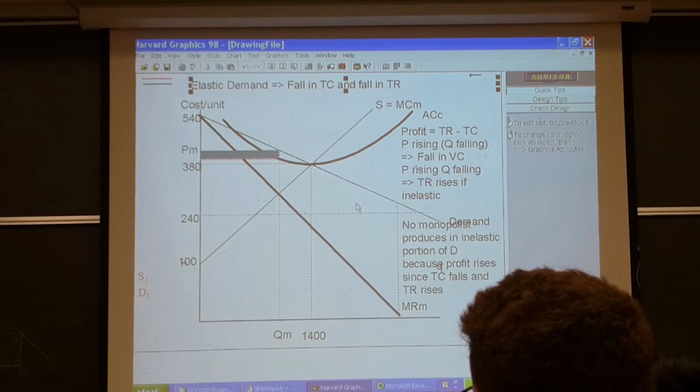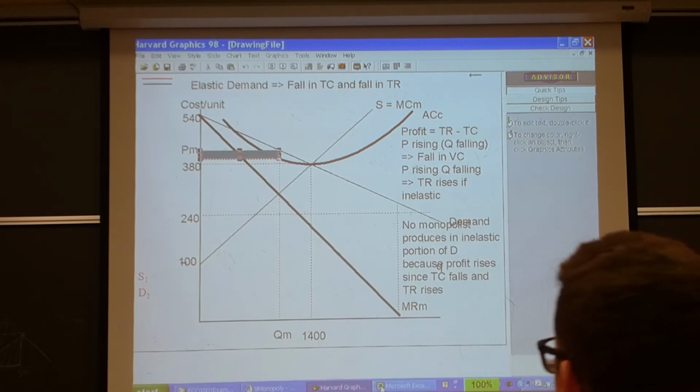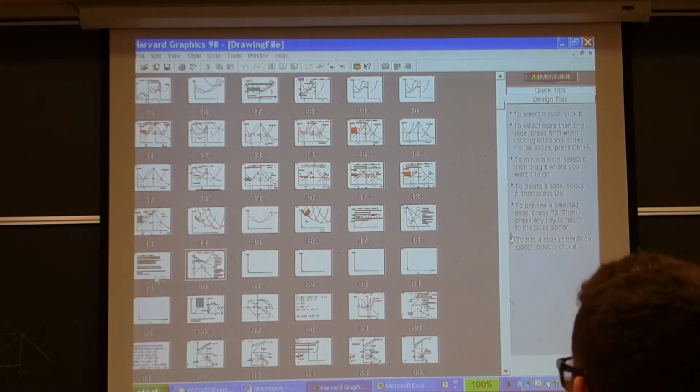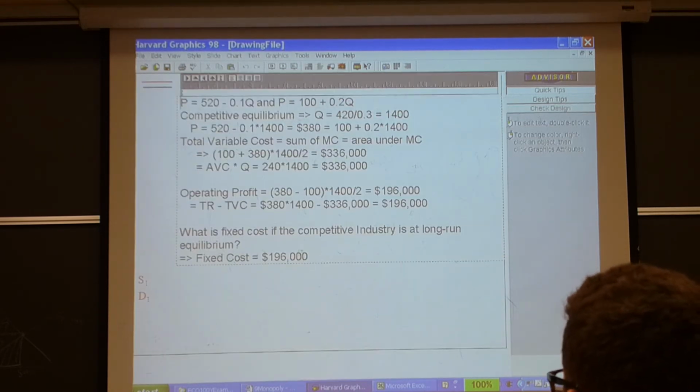Now I'm going to say, we could easily figure out what this profit was for the monopolist. We would have no trouble. So let's figure out, while we're at it, what is the monopoly equation? Let's do it quickly.